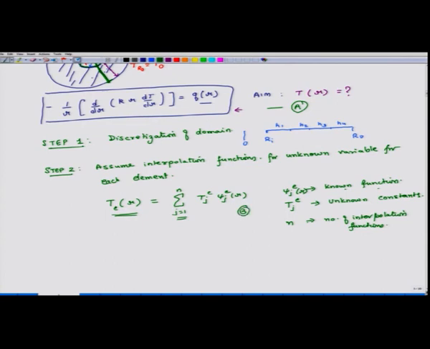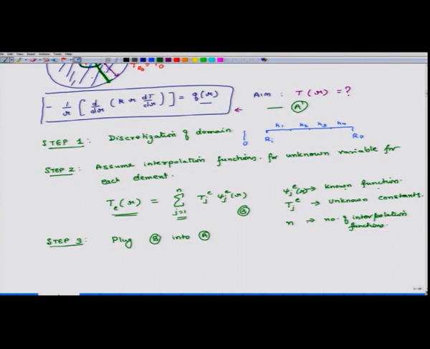So, the third step, step 3, is to plug B into A. We plug equation B into A, and what will we get?